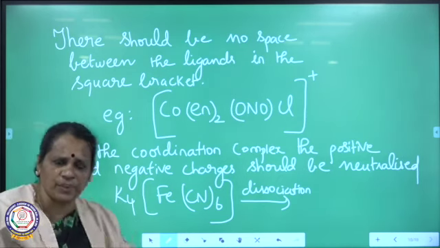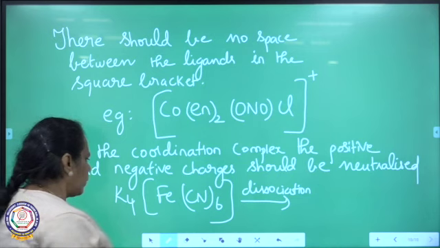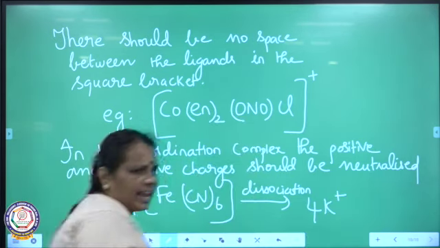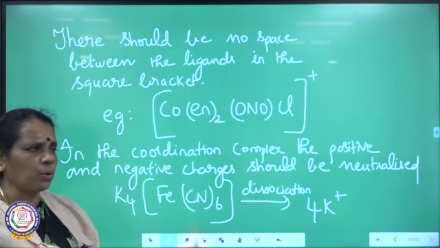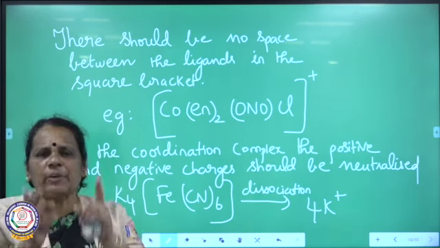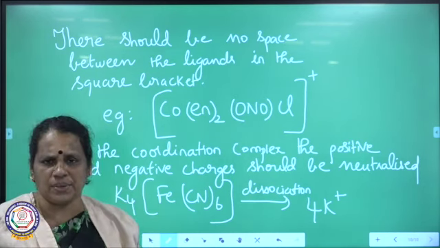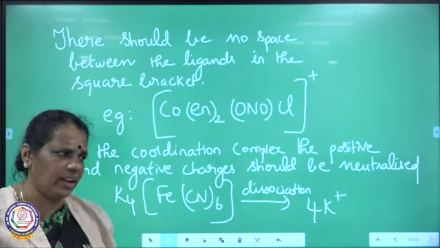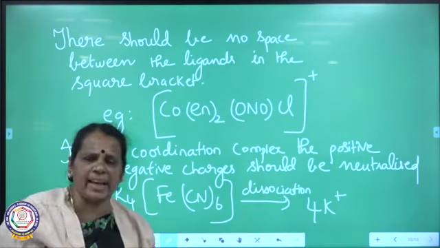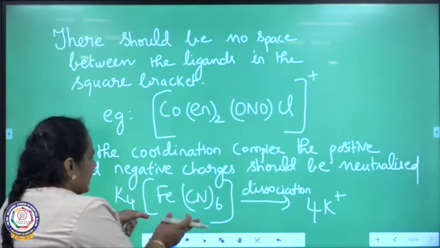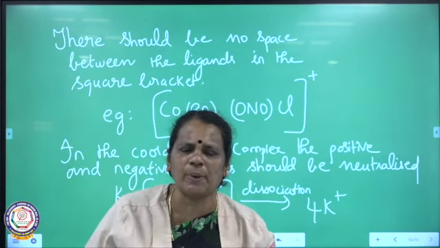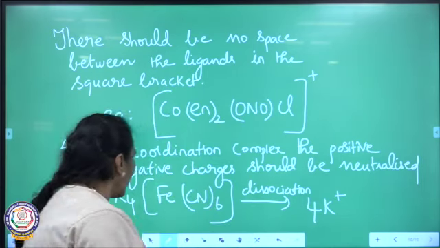When it gets dissociated, K4 will be dissociated as 4K+. Now we are having 4 positive charges. The rule is very clear: the positive and negative charges should be neutralized. So when potassium ferrocyanide undergoes dissociation, K4 is dissociated as 4K+, whereas the species inside the coordination entity, that is the species inside the square bracket, what is the species?